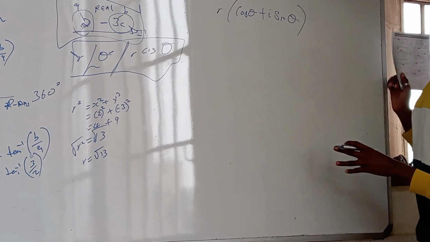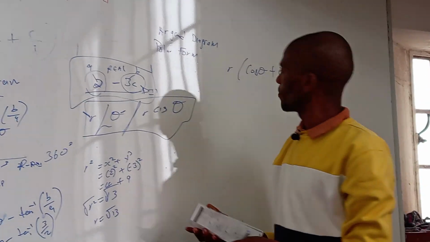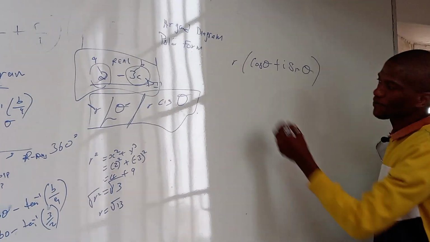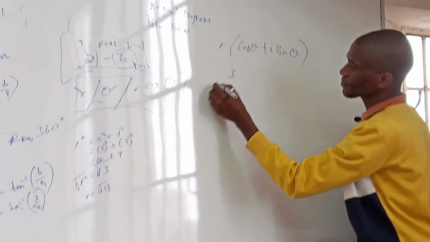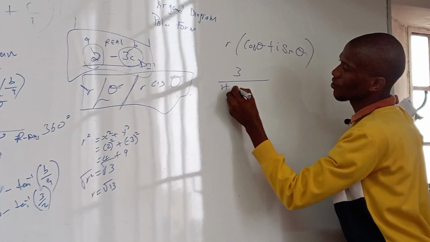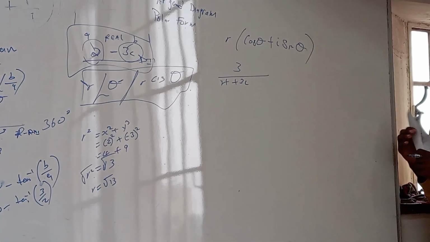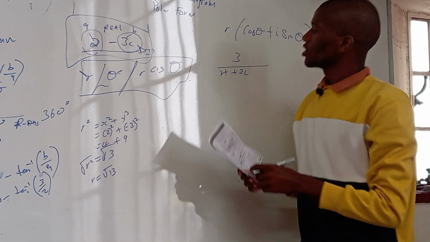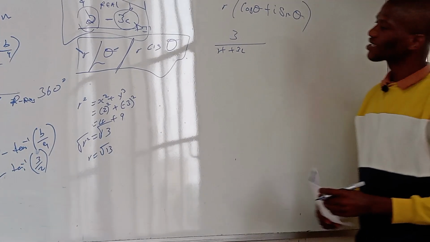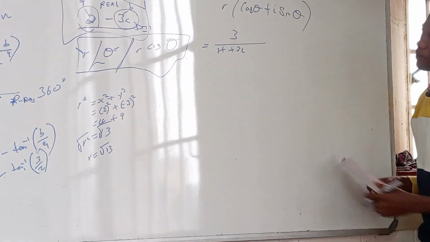So it's very important. Another thing that you have to know is that sometimes you can be given an expression like 3 over, let's just say, 4 plus 3i, right? And they say you should leave your answer in standard form. So what is important here, guys, if you have a question like 3 all over 4 plus 3i?